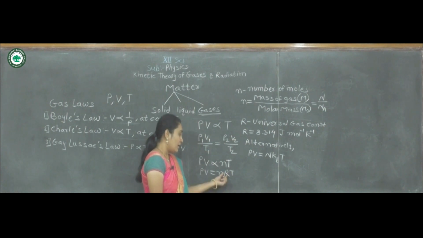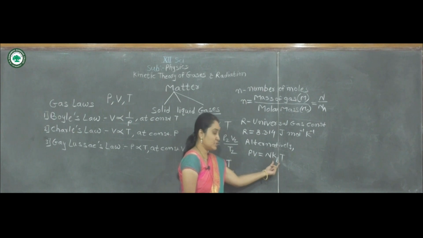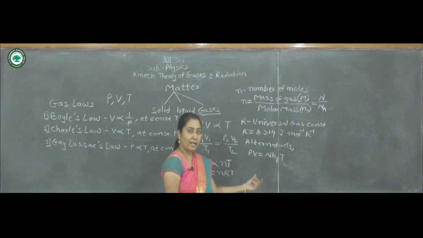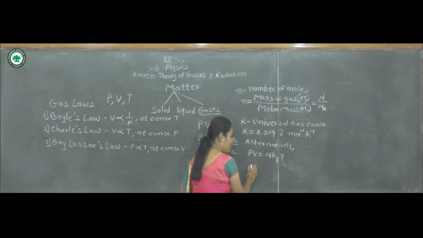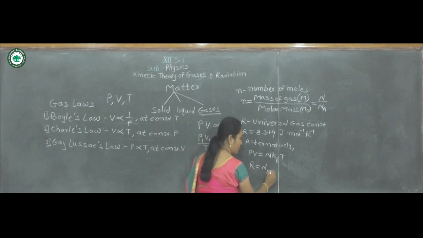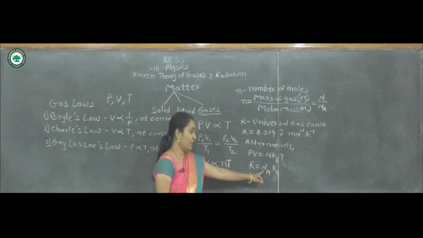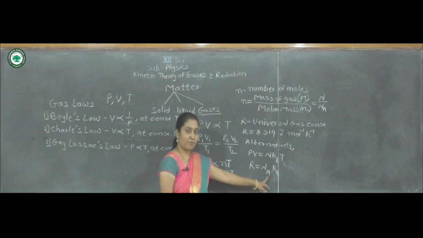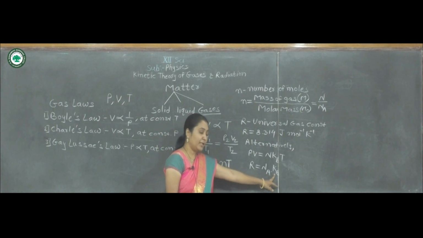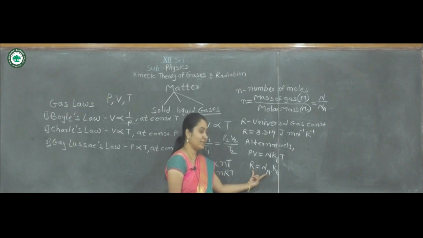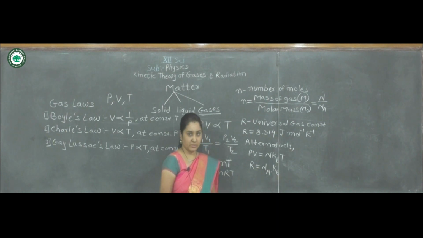The universal gas constant R and Boltzmann constant Kb are related by the equation R is equal to Na, that is Avogadro number, into Boltzmann constant. So this is the relation between R and the Boltzmann constant.